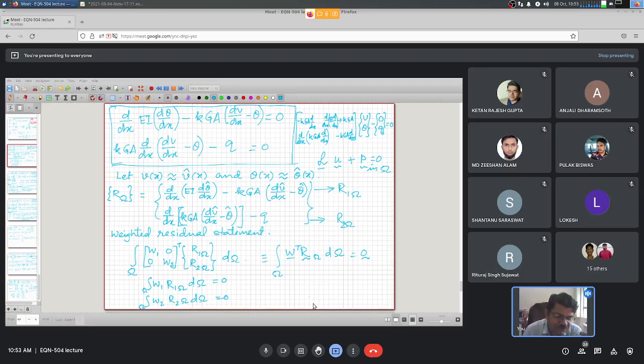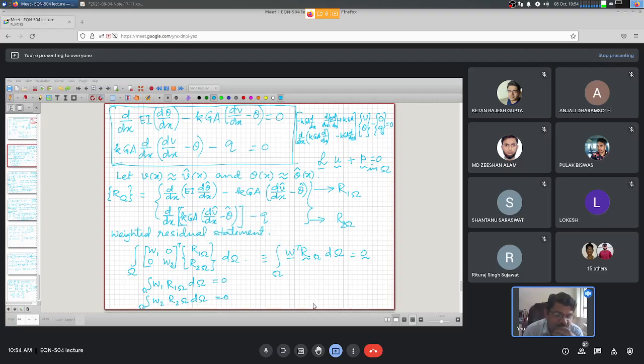It's just that you will have several rows of weighted residual statements to deal with. That's all. But then the derivative in those weighted residual statements is of much lower degree, much lower order.